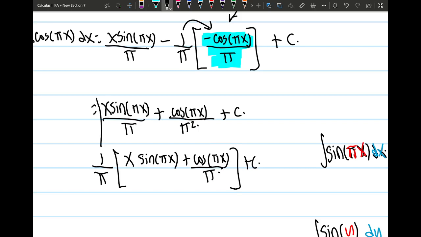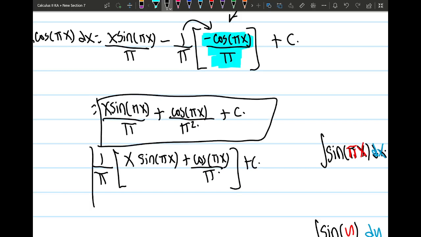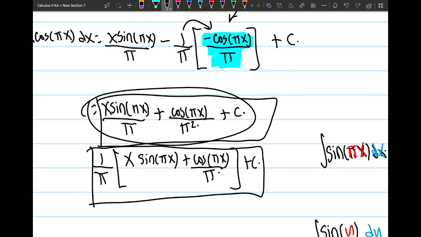But again, this answer is good enough. If they have an answer like this, it is also a good answer, but I would go with this one. But that is how we would integrate this problem using integration by parts.